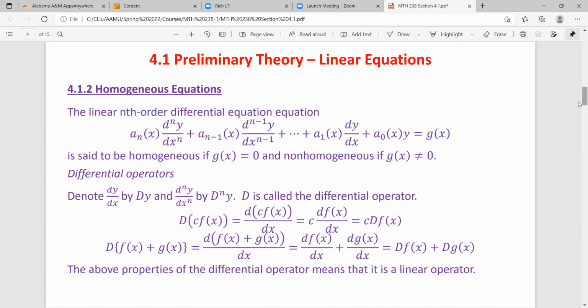So this D is called the differential operator. If we just write capital D y, it means you take the first derivative of y with respect to x. So it's an operator. This D is an operator applying on the function y. Just like some other mathematical operators.